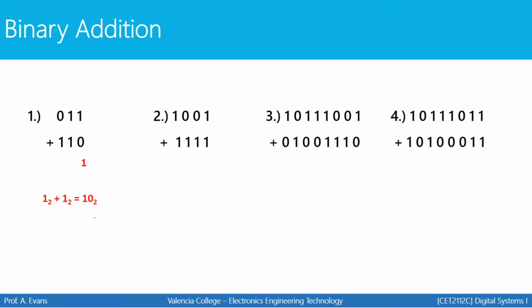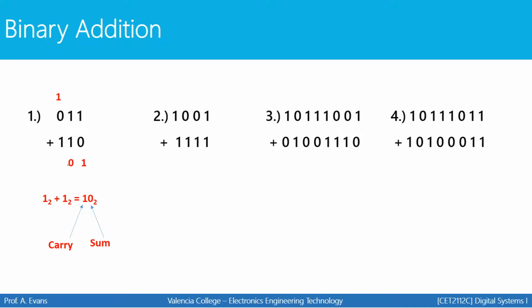And so now when we look at that 10 as a result of adding 1 plus 1, we have a sum and a carry, just like you have a sum and a carry in decimal addition. The sum is going to be written below the column you're adding. The carry will be carried forward to the next column. So when we add the number 1 plus 1, we get a sum of 0 and a carry of 1. So we would say that 1 plus 1 is 0, carry the 1.